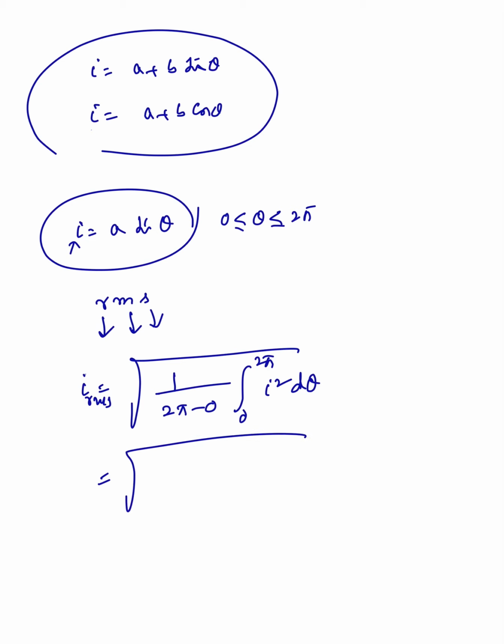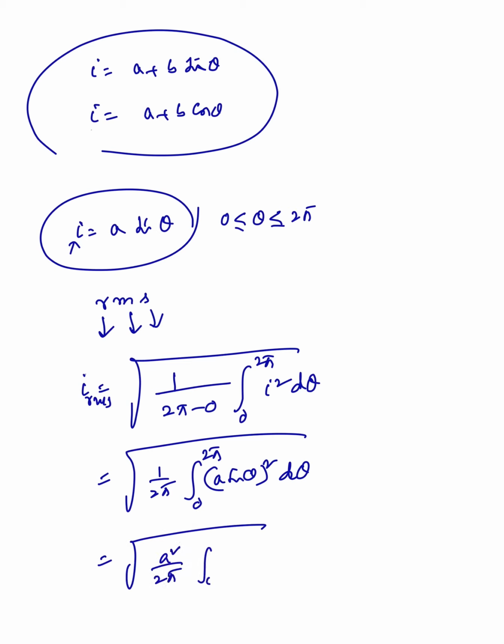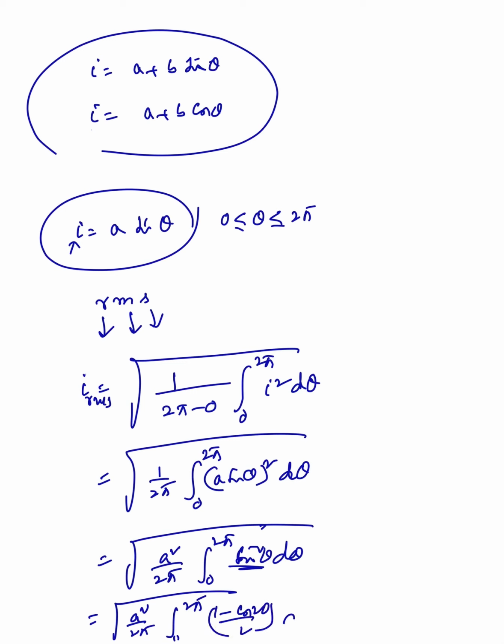So that is 1 by 2 pi integral 0 to 2 pi of (a sin theta) whole square d theta. This becomes a square by 2 pi integral 0 to 2 pi sin square theta d theta. So square root of a square by 2 pi. If you want to integrate this, 0 to 2 pi (1 minus cos 2 theta) by 2 d theta.